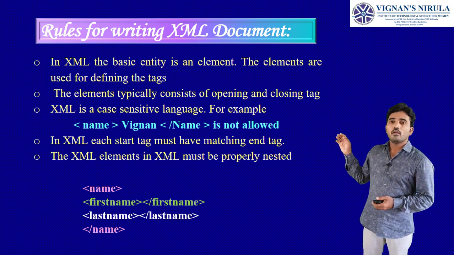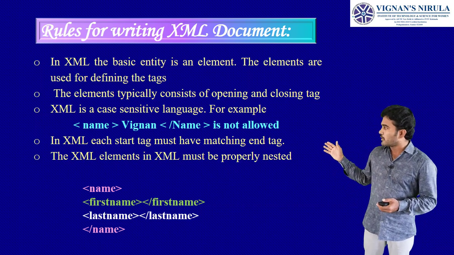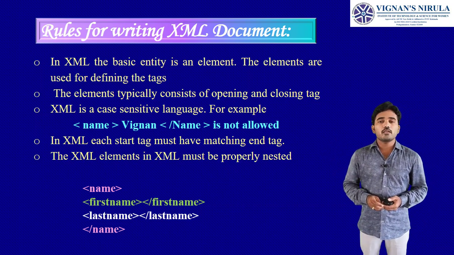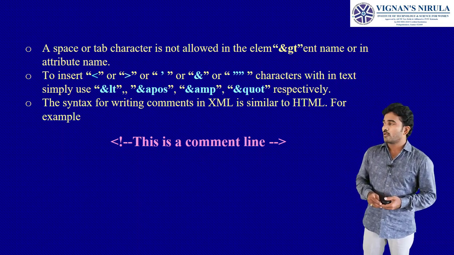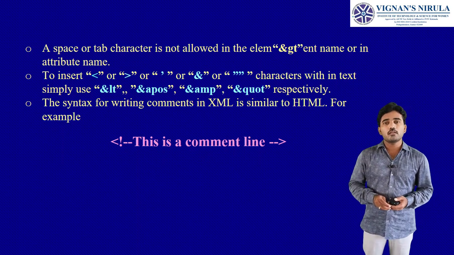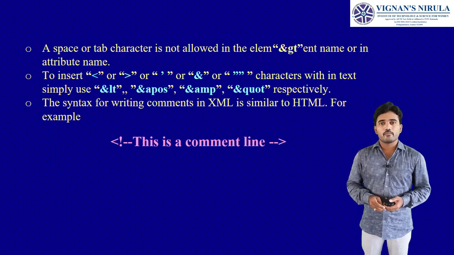See this example, here I have written an element name, and I have closed the name also at the end. In between the opening and the closing of the name tag, I have used two tags, that is first name as well as last name. A space or a tab character is not allowed in the element name, as well as the attribute name. Sometimes there is a need to insert some special symbols, as we do in HTML also.